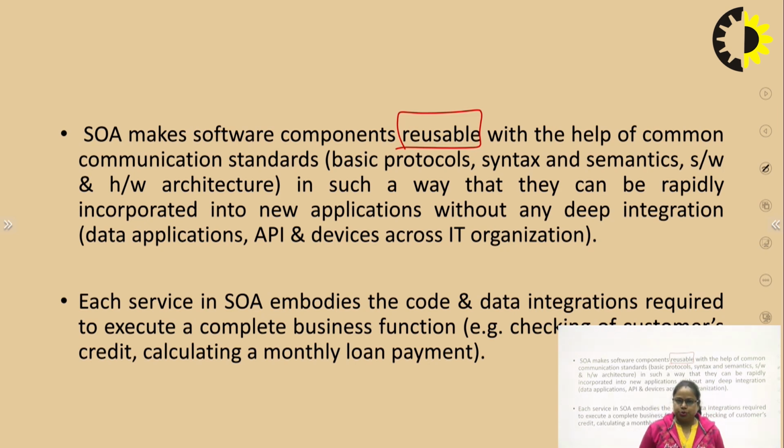When I'm talking about communication standards, we are talking about three terms: the basic protocols, syntax and semantics, and the rest is a hardware or software implementation or an architecture. When I use the word protocols, a protocol is also known as a set of rules.